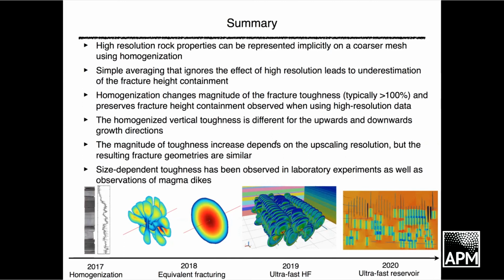For instance, you can use high resolution data, core data, log data and compare to see the implication on the final fracture result. You can smoothen out the data, not do homogenization, just to see the effect, so it enhances understanding.